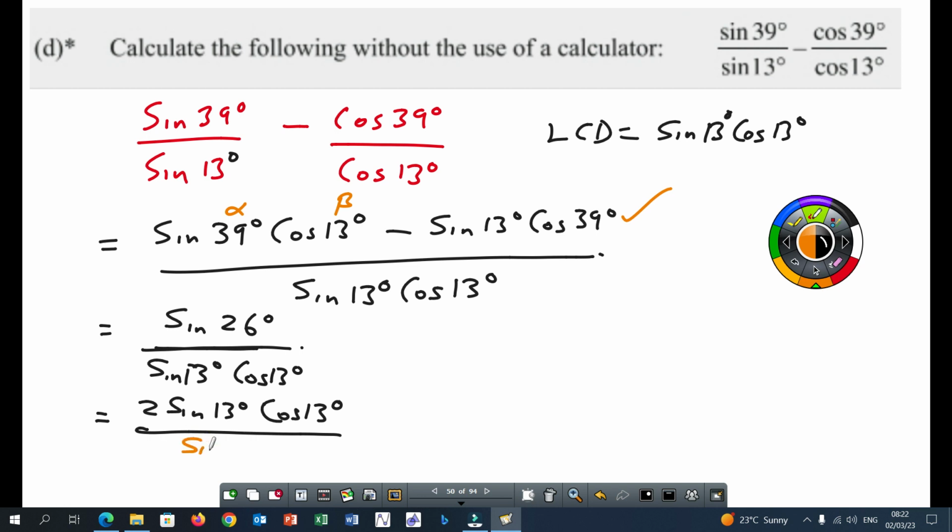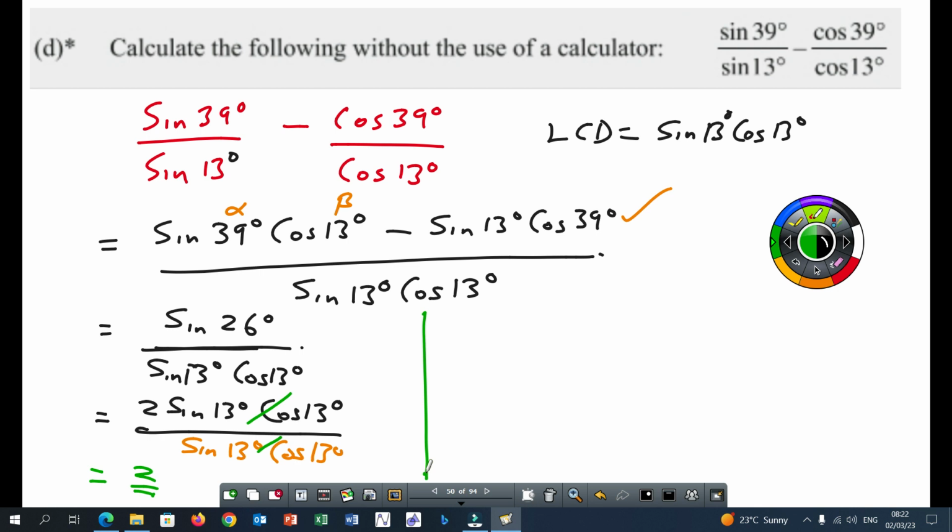So this will be sine 13 degrees times cos 13. They will cancel out. The final answer will be a 2. But this is not the only way. Remember what I told you the other day, we are different people, we see things differently. You should be aware that sine theta times cos theta is equivalent to this.